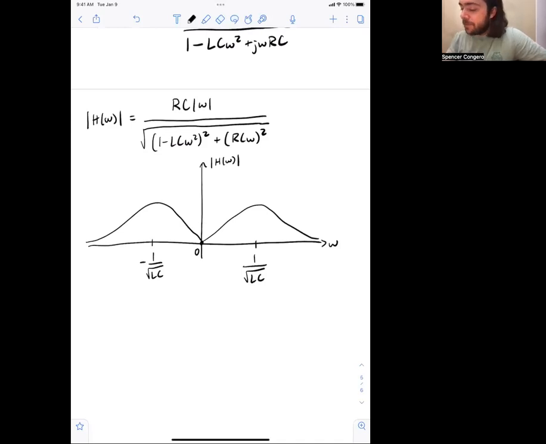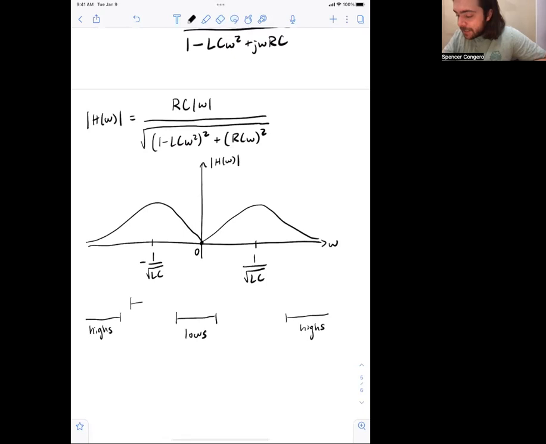But the reason it's called a bandpass filter, again, is because in this low frequency range, you can see the magnitude of the frequency response is relatively small. It's attenuating those frequencies in the low frequency range. In the high frequency range, it's also attenuating those frequencies.